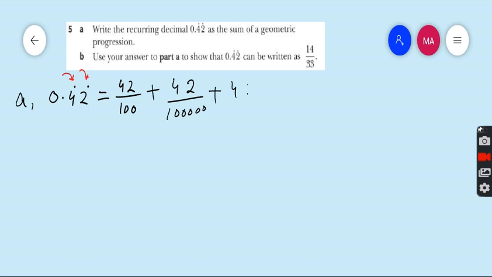The third value is 42 upon 1, 2, 3, 4, 5, 6 zeros, plus, and so on.